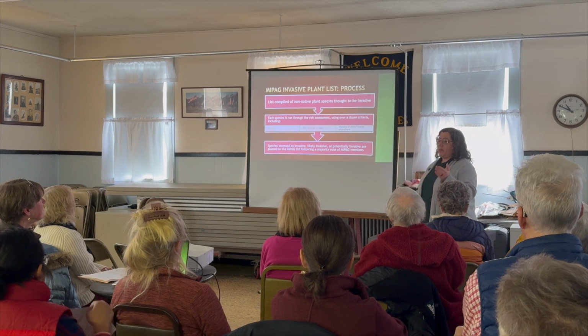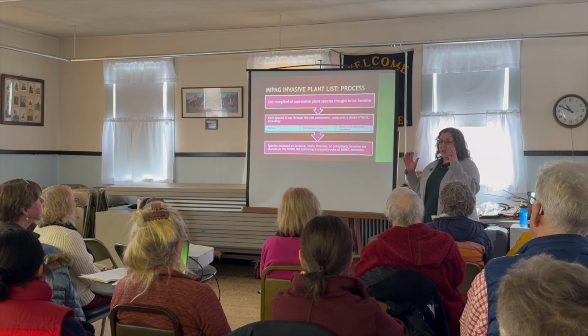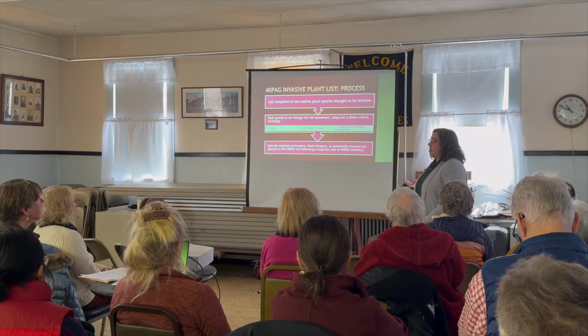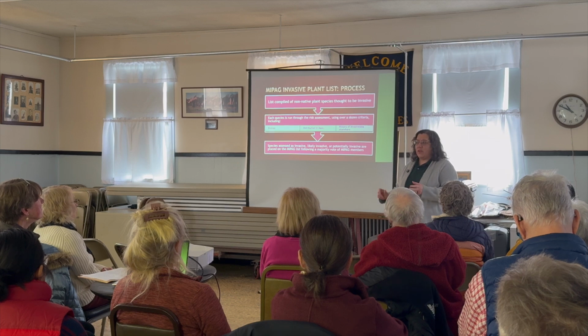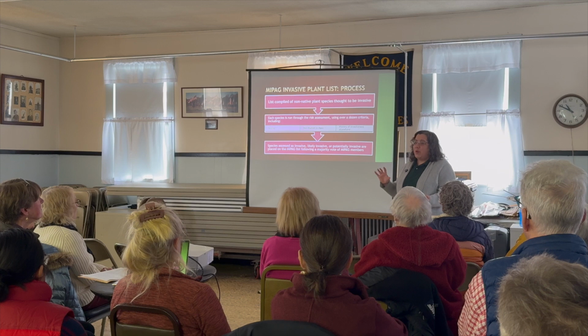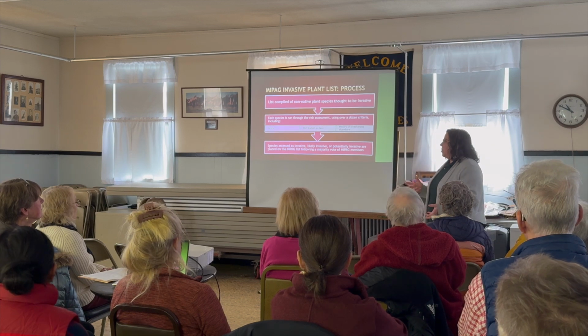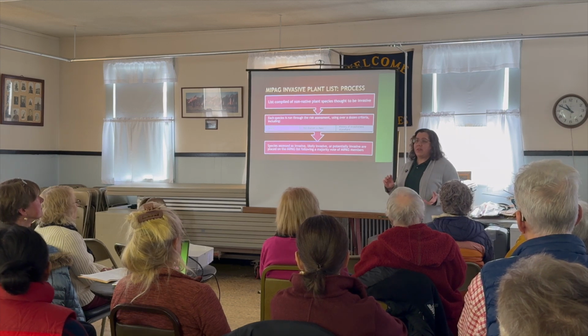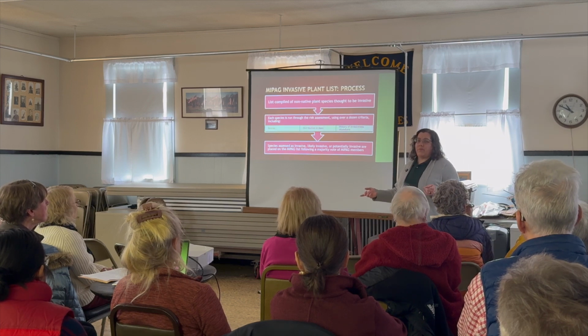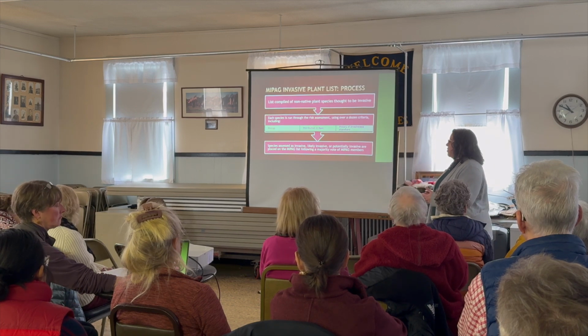And then it gets ranked based on its score as either just invasive, so that's things like Japanese knotweed, but it also might be likely invasive, so it's here, but it doesn't seem to be showing invasive tendencies yet, but we're worried about it. Or it could be what they call potentially invasive, so that's something that isn't known here in Massachusetts yet, but we've heard about it being invasive elsewhere, and that gives it a level of concern for us.